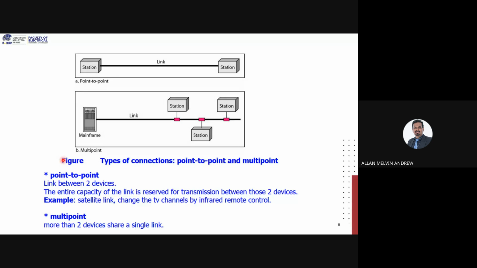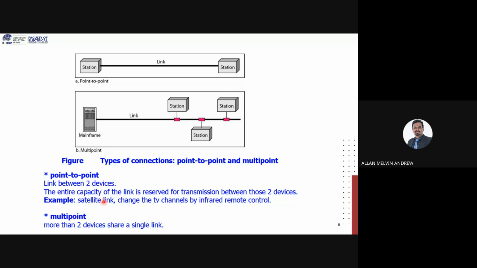You need to ensure that you have good privacy in data communication. So point to point will ensure that you can have a reserved transmission between the two devices, and no one can find out what information you're sending.